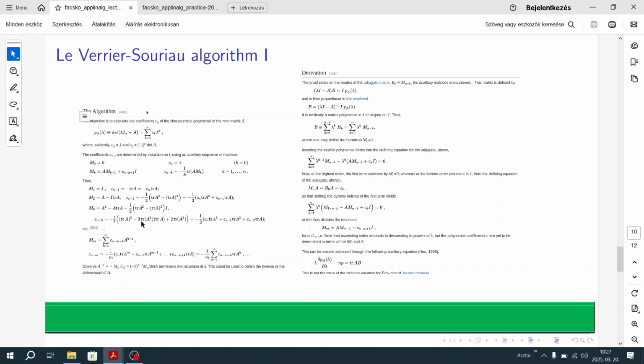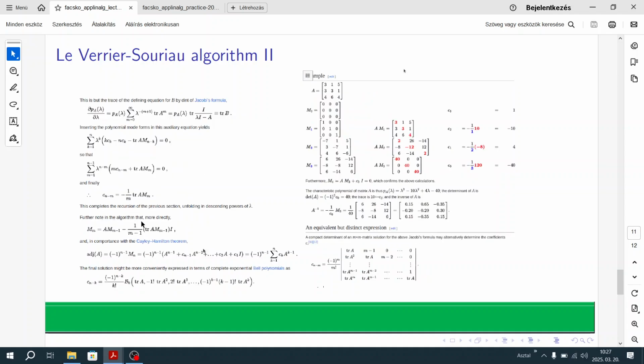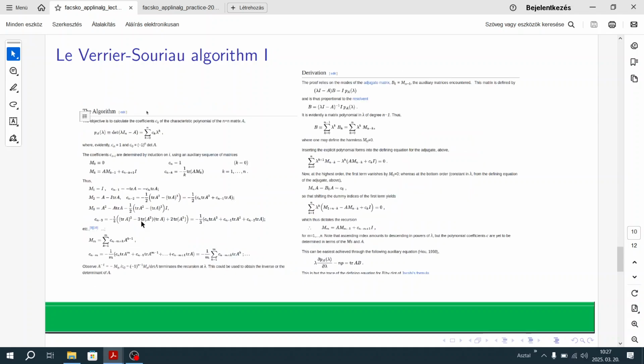In Wikipedia I find the Fabre-Leverrier method, but not algorithm, because Leverrier lived in the 19th century and there were no computers at that time. So it's perfectly useless. I wrote this down; you cannot see it in copy-paste. This is copy-paste from Wikipedia. You can check it if you need, but I will not do anything.